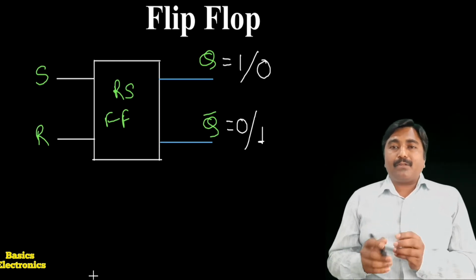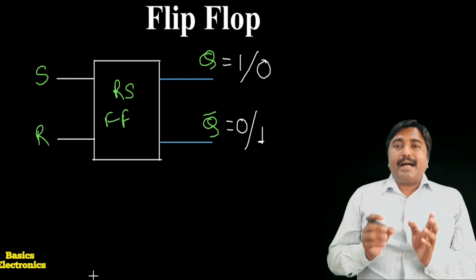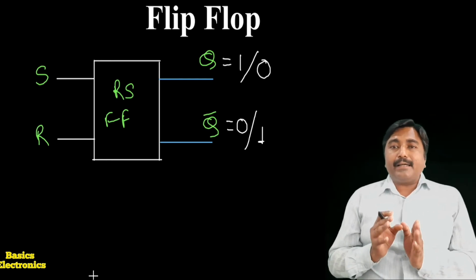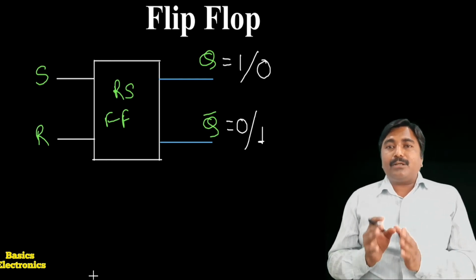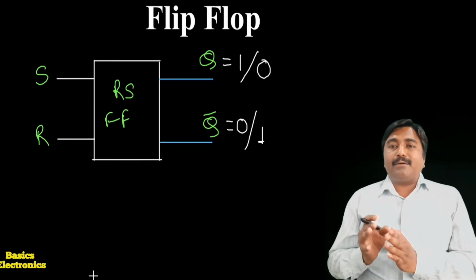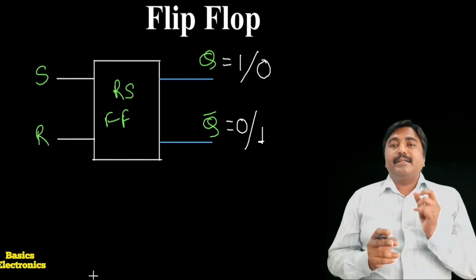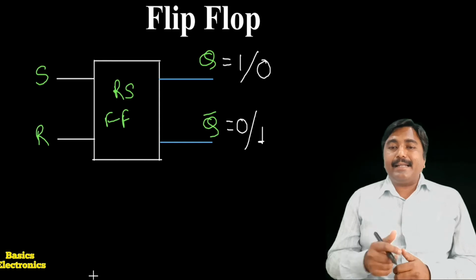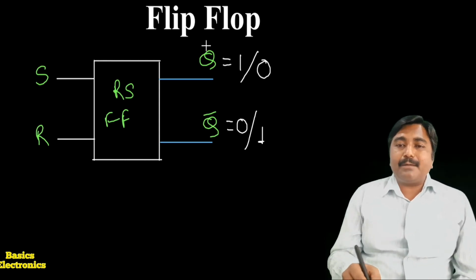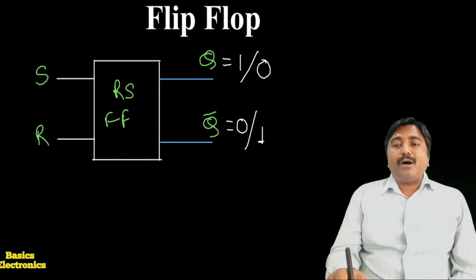But before going towards the logic diagram, I think we must know the working of the logical statement, truth table, and the working of both gates, the NOR gate and the NAND gate. So we consider first the NOR gate.